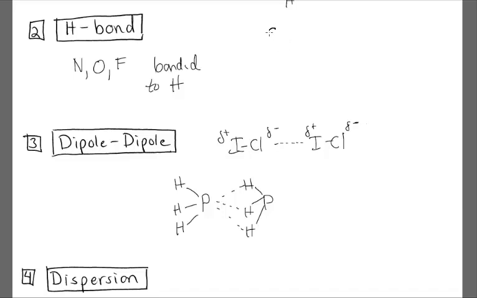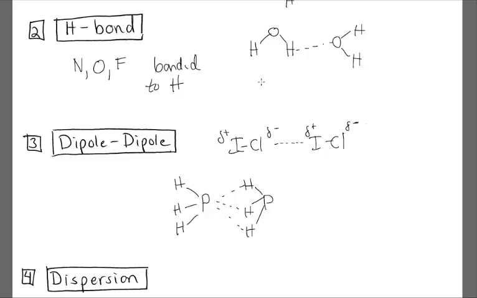Okay, hydrogen bonding occurs in water because water has an oxygen bonded to a hydrogen, so that oxygen, being very electronegative, pulls the electron density away from the hydrogens, so this hydrogen will be attracted to the oxygen of the next water over, and that is like a dipole-dipole interaction, but it's especially strong when you have nitrogen, oxygen, and fluorine, and so we call those hydrogen bonding, not dipole-dipole.